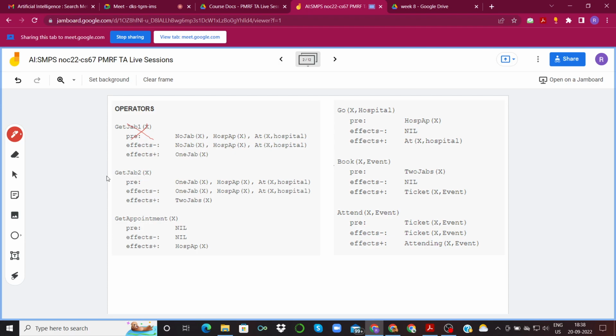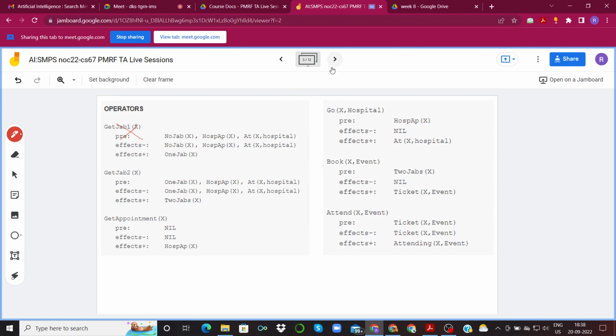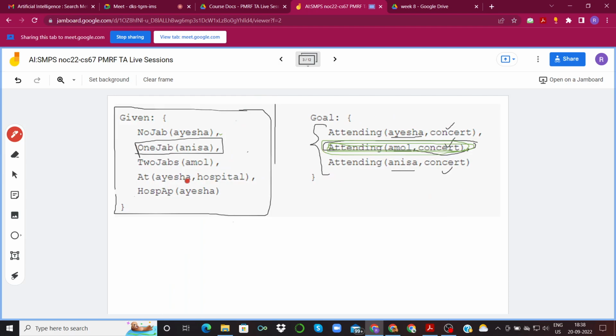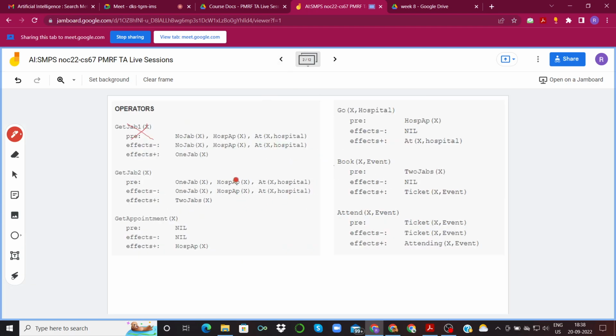In order for get jab 2 to be true, one of the preconditions is satisfied, 1 jab of Anisa, that we know. But we don't have the other preconditions, that Anisa should have a hospital appointment and should be at the hospital. Because these two are not true, even though this is true, this is not a viable candidate.